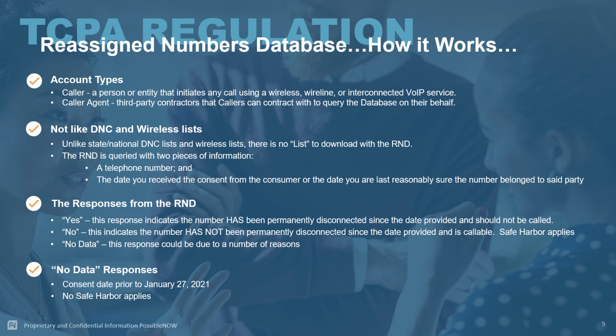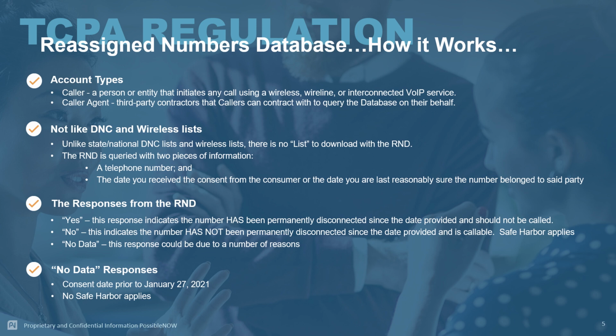So in other words, say you received consent on that number 2 years ago. Last month, they called in, made an inbound call to you, and you verified that that telephone number is still their number, then that would become your new date that you could use to query the R&D.